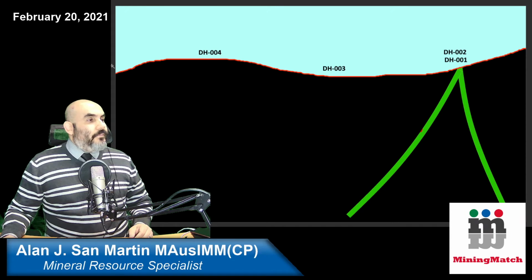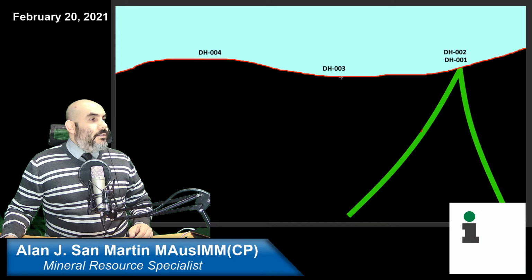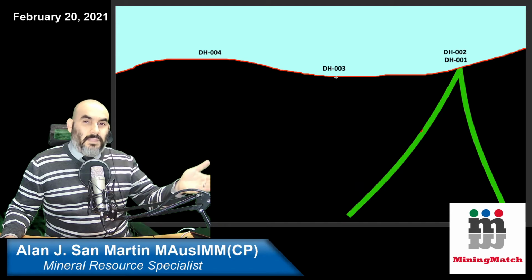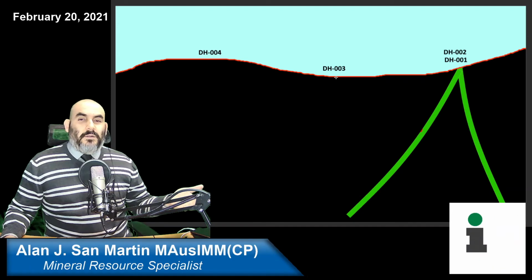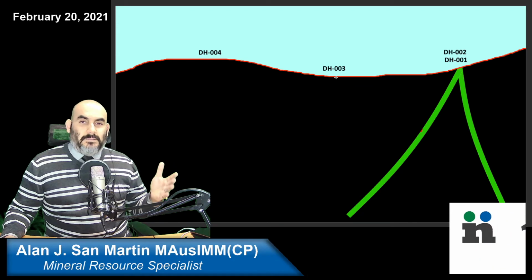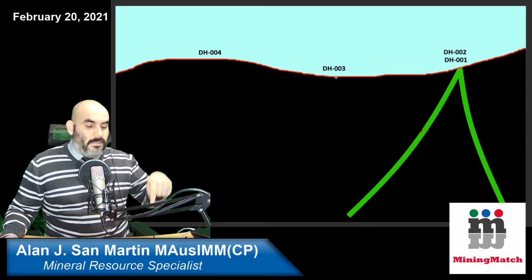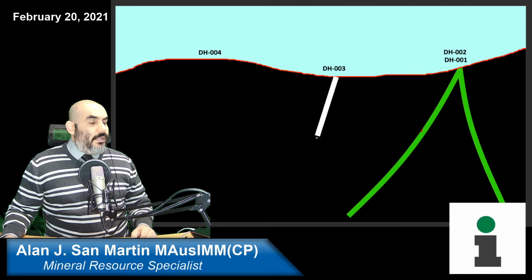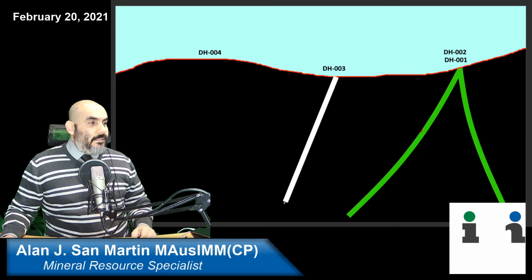So what you do is you go to drill hole number 3 in another platform. So you move your drill rig, the machine that makes the drill hole, and you do a drill hole like this.